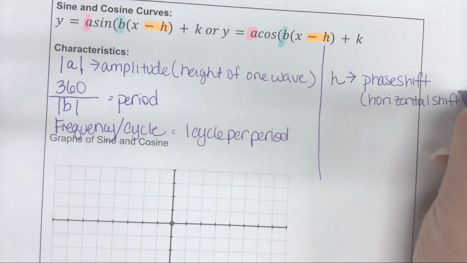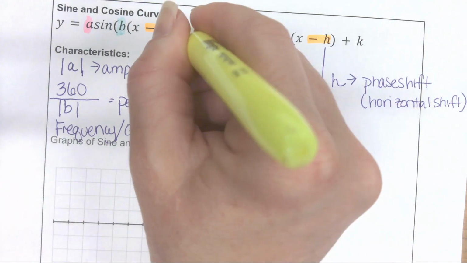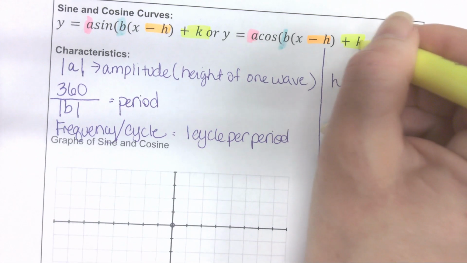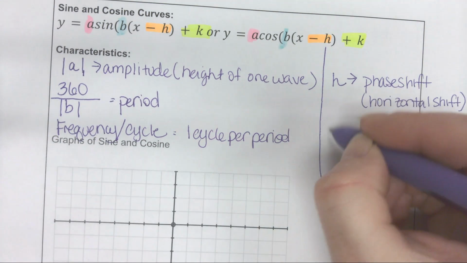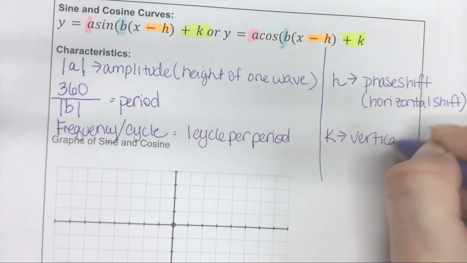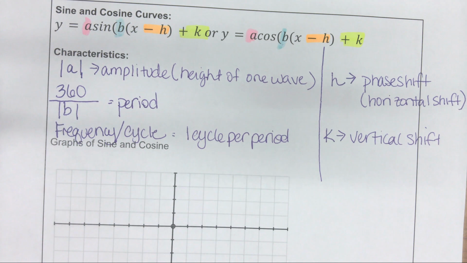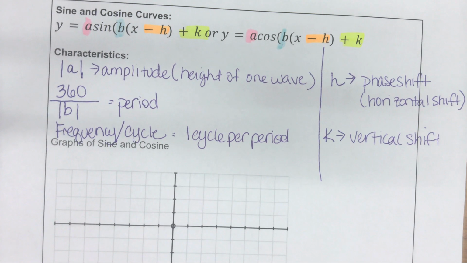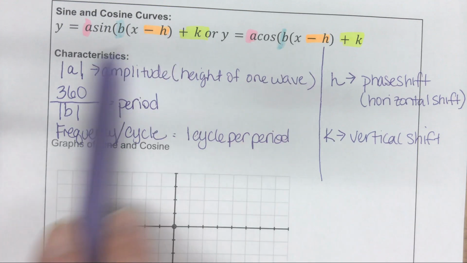And finally, that K at the end is a vertical shift, up and down. Okay. I needed you to have all of this stuff down because that's what we're gonna use all of this week.